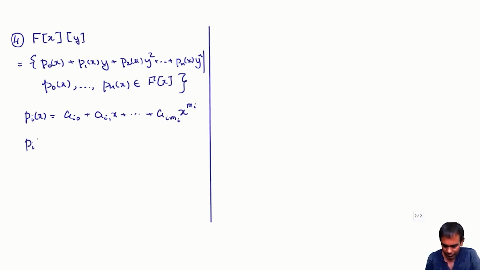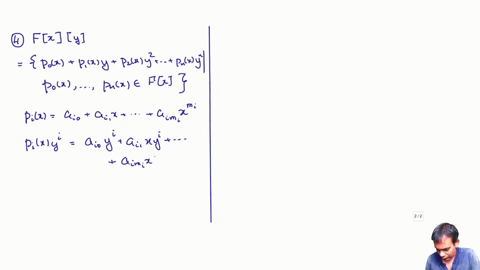Then you can write pi(x) y to the i as ai0 y to the power i plus ai1 x y to the power i plus dot dot dot plus ai,mi x to the mi y to the power i. So each of these products here will become a polynomial in two variables x and y, and you add it up, and this is actually a polynomial in x and y.